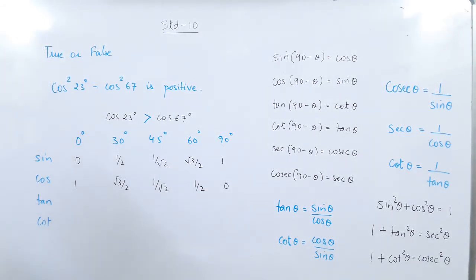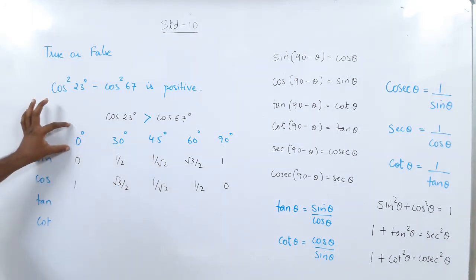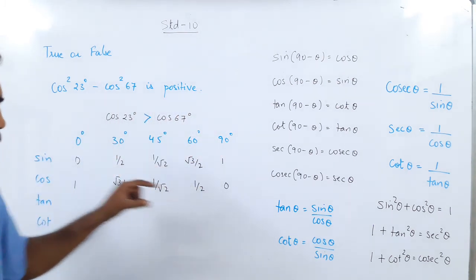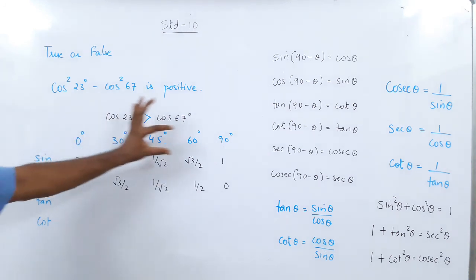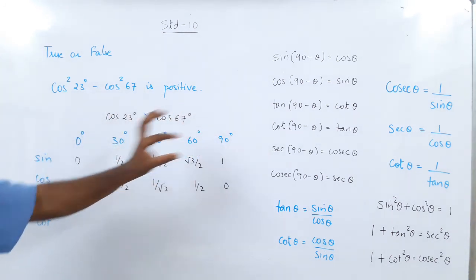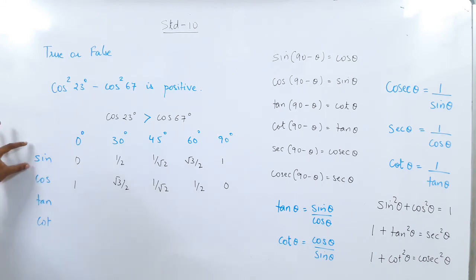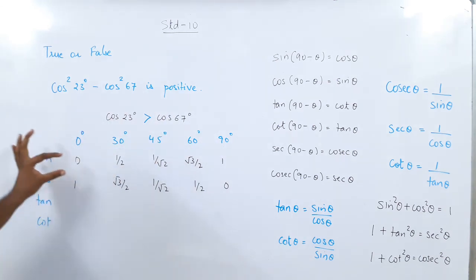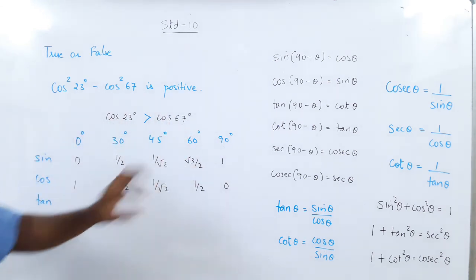So what are you observing here? You are clearly observing that sine is an increasing function. As the degree is increasing, the value is going from 0 to 1. All these are acute angles, and this is the right angle. What you can see in the case of sine is that as the angle increases, the value of sine also increases.